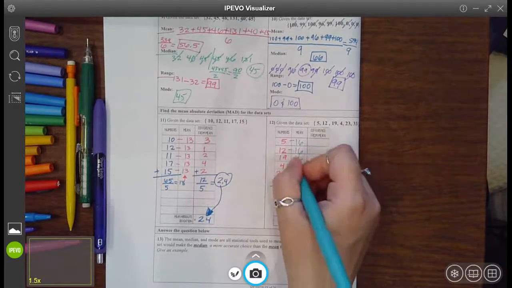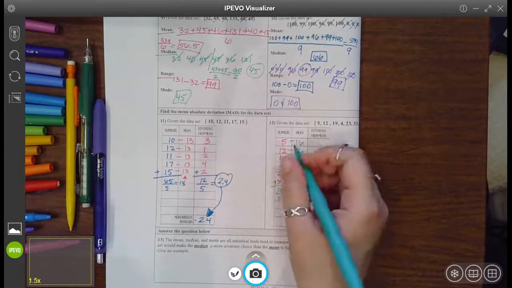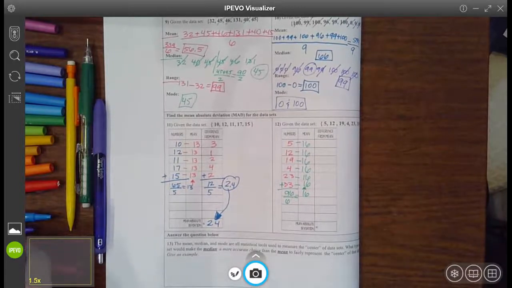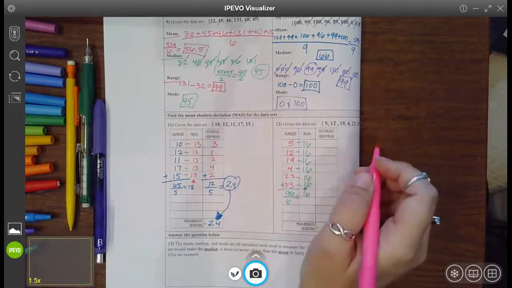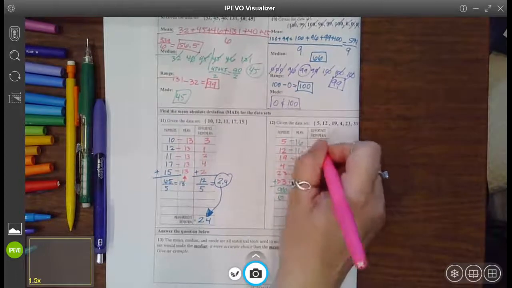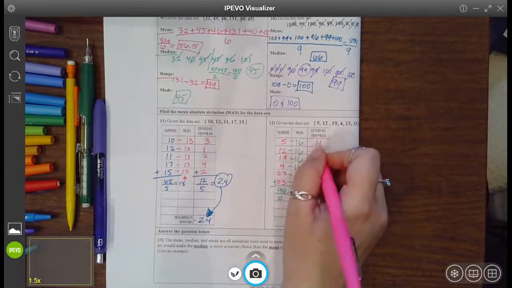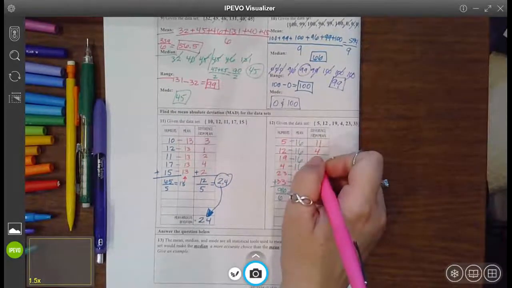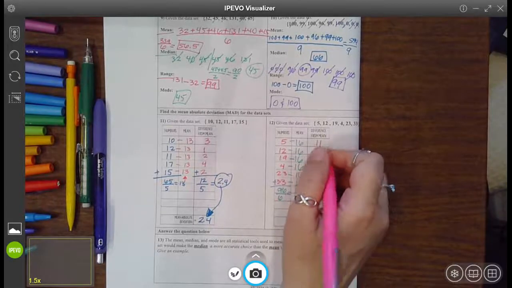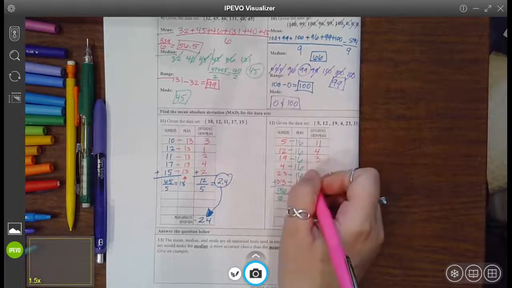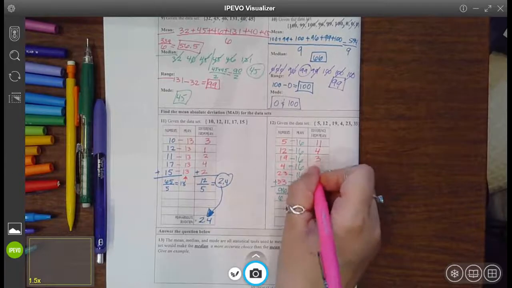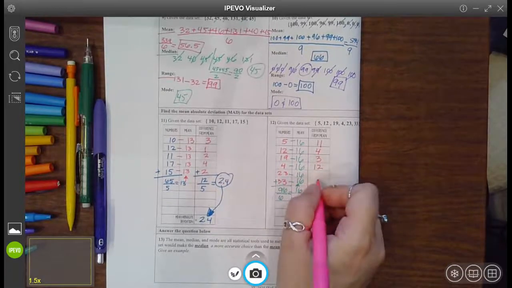Now we want to find the difference each data value is from the mean. Okay, when you do 16 minus 5, you get 11. 16 minus 12 is 4. 16 minus 19 is negative 3 or just 3. 16 minus 4 is 12. 23 minus 16 is 7.